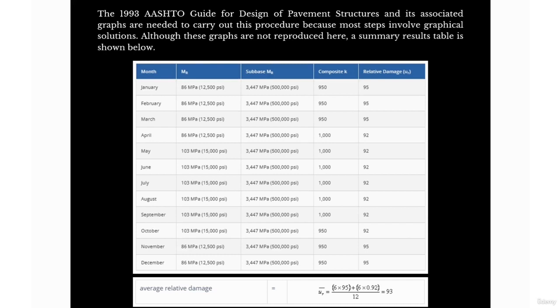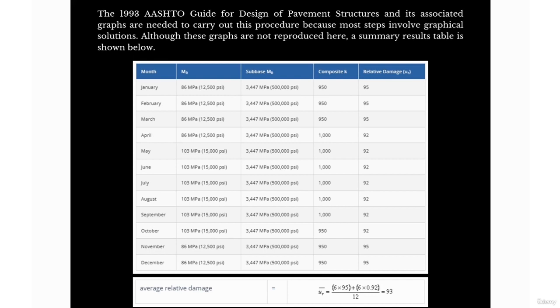So for calculating your sub-base MR, your composite K, and your relative damage, you use the associated graphs from the guide, right? And most steps involve graphical solutions.